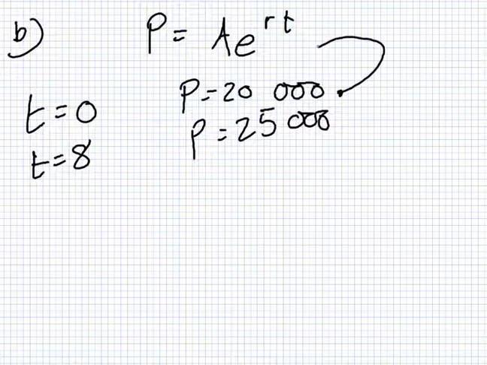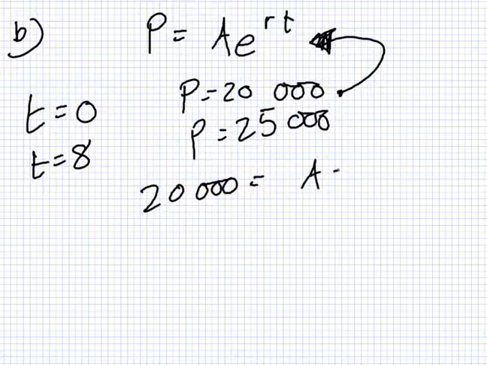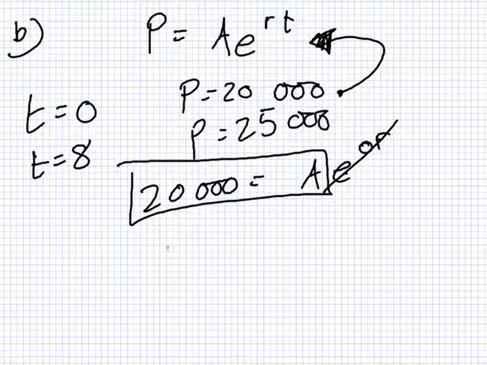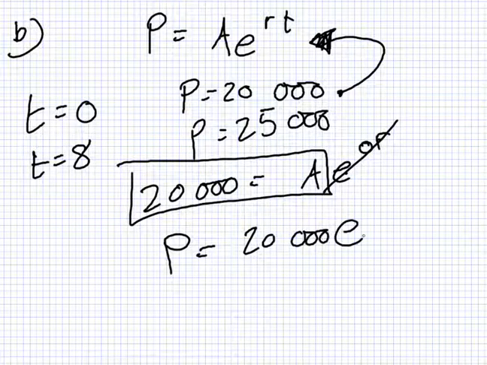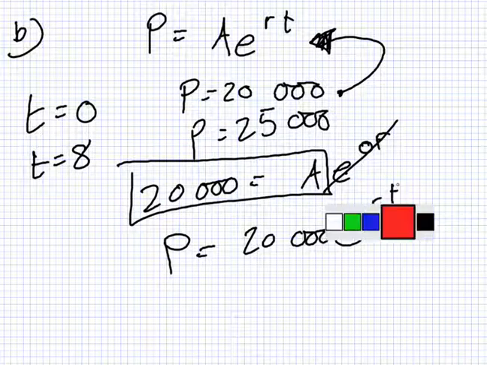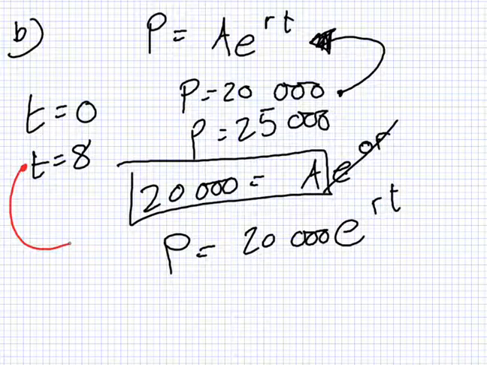So if I put this one in, I can get the A because that's 20,000 equals A e to the 0 r. E to the power of 0 is 1, so then what's the A? 20,000. So now I have P equals 20,000 e to the rt. How can I find the r? Well, now I put this one in.